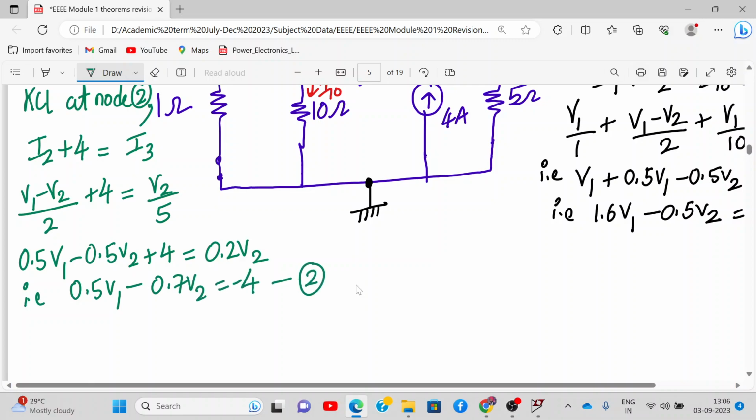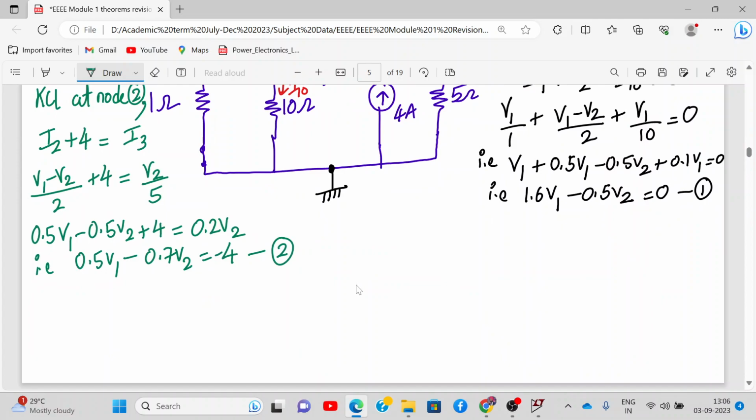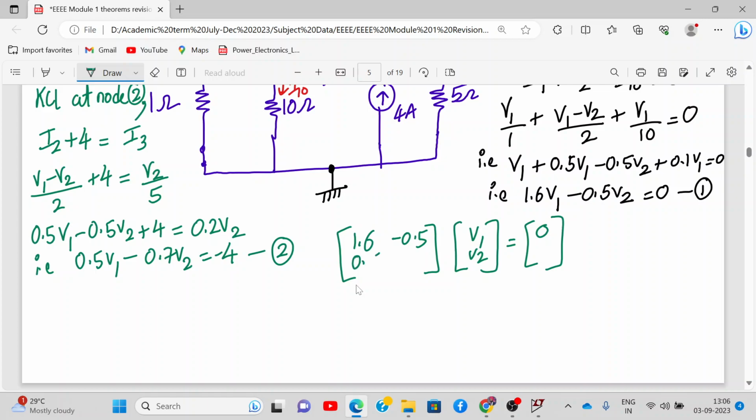So you need to calculate V1 and V2. How do you do that? Better use this matrix. Your coefficient of V1 will come, coefficient of V2 will come, and on the other side whatever is there. Here it is 0.5, minus 0.7, minus 4. So let me know the value of V1 and V2.